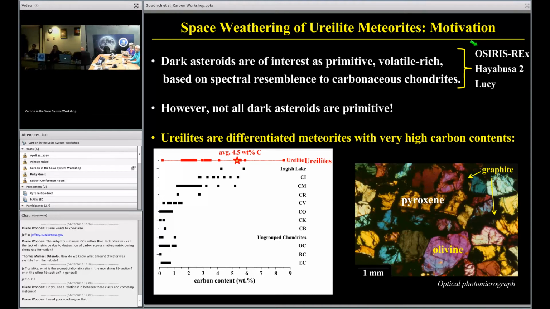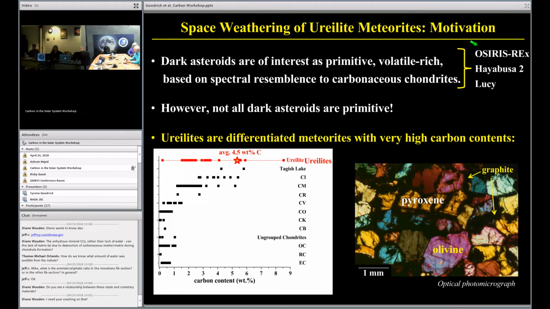One of their most characteristic features is that they have very high carbon contents, shown in this plot here for Ureilites compared to various other groups of meteorites. Ureilites have carbon contents up to about 8.5 weight%, with an average around 4.5 weight%, which is comparable to or higher than those in the most carbon-rich carbonaceous chondrites.